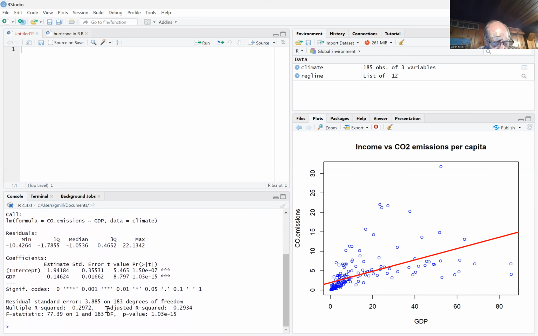Oh, R squared is 0.2972. So if you look at the correlation coefficient, it's the square root of that. So not a really high correlation, higher than 0.5, but not really high. And yet highly significant. The t-value and the p-values mean that we have a high level of significance of this linear model.